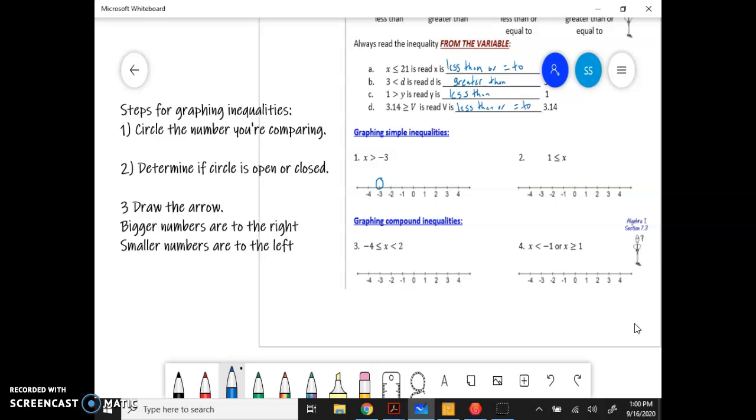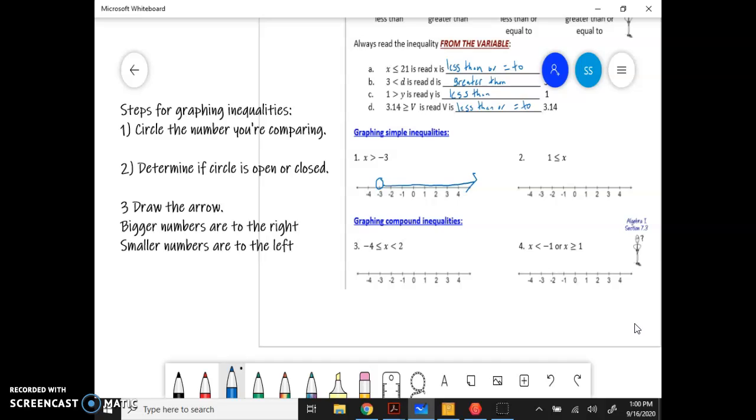Now we just want to think about which way the mouth is eating. The mouth is eating the x, not the -3. So the x must be bigger. Bigger numbers are to the right. So we want to make this line going all the way this way. This means x can be any number bigger than, but not including, -3.